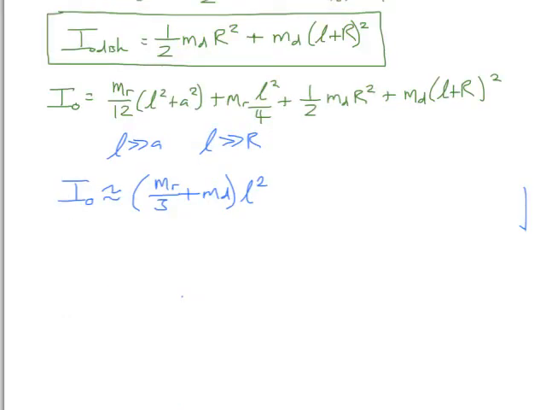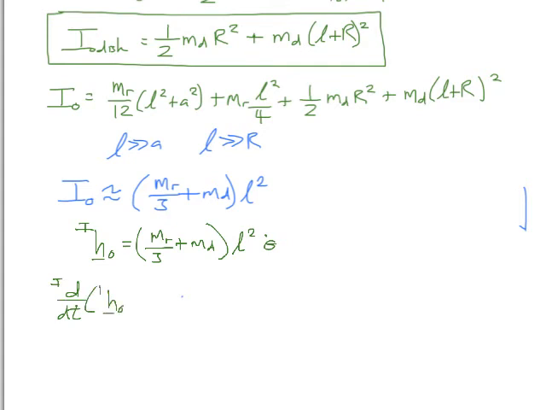So now with the simplified expression, we have the angular momentum about point O equal to (m_r/3 + m_d) L squared theta dot, and then the time derivative of the angular momentum about point O, an inertially fixed point, is (m_r/3 + m_d) L squared theta double dot.